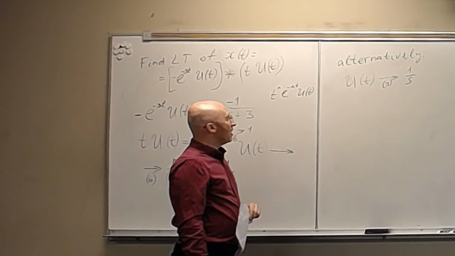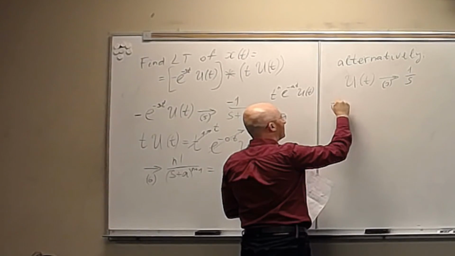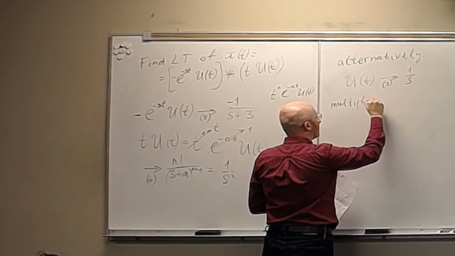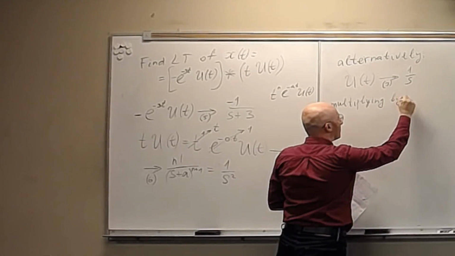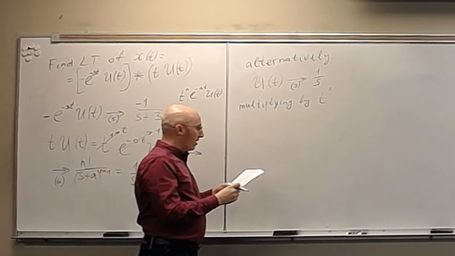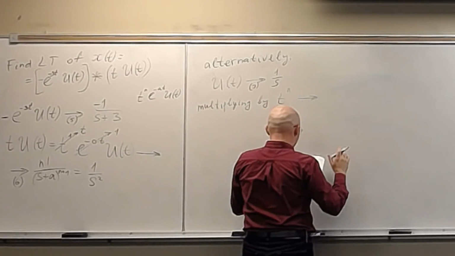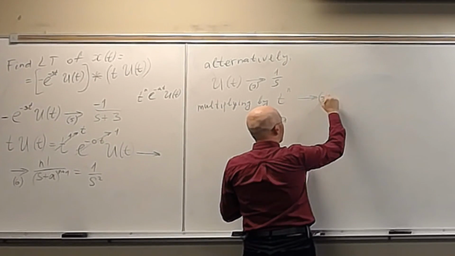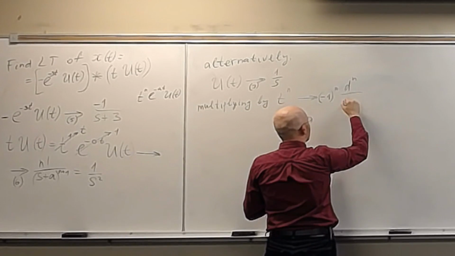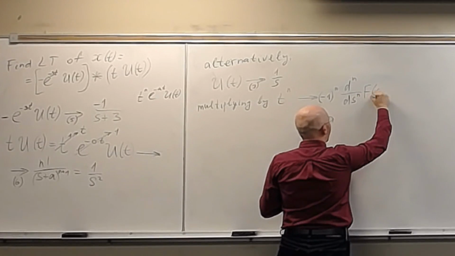Now, multiplication by t to the power of n will be converted into (-1) to the power of n times d^n/ds^n of the transform F(s).